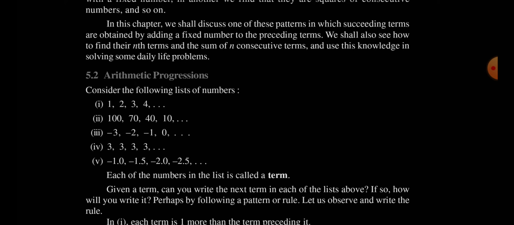In this chapter, we shall discuss one of these patterns in which succeeding terms are obtained by adding a fixed number to the preceding term. We shall also see how to find their nth term and the sum of n consecutive terms, and use this knowledge in solving daily life problems.